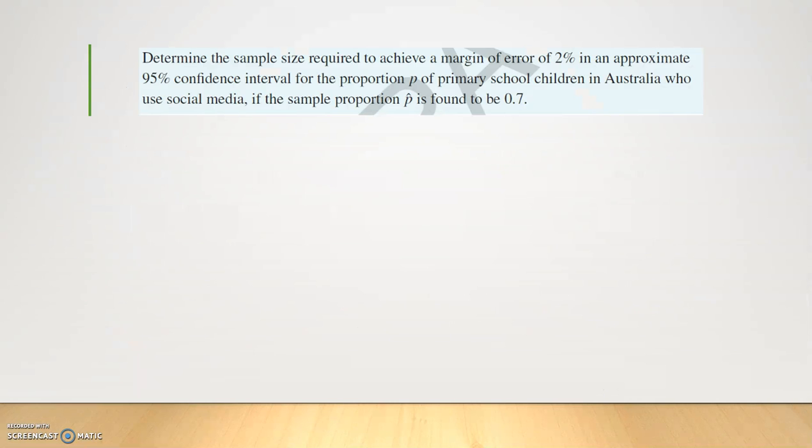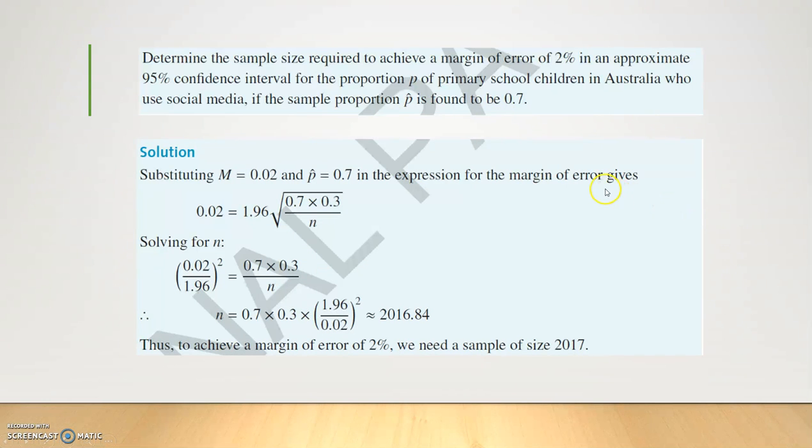Let's look at another example. Determine the sample size required to achieve a margin of error of 2% in an approximate 95% confidence interval for the proportion P of primary school children in Australia who use social media, if our sample proportion P hat is found to be 0.7. This is our solution. We want the margin of error to be 0.02 and the sample proportion p hat is 0.7.